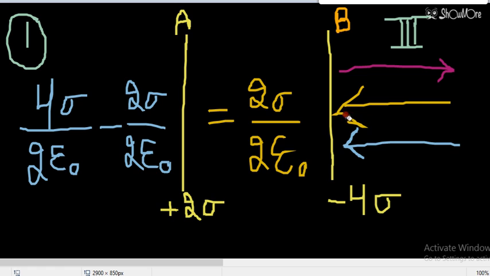This is the final direction of electric field in region 3. So with this, the first question is completed. I hope this question is clear. If any doubt is there, then you can ask.